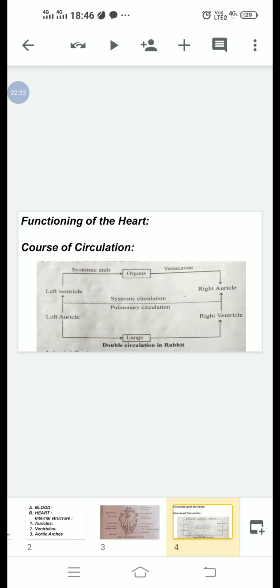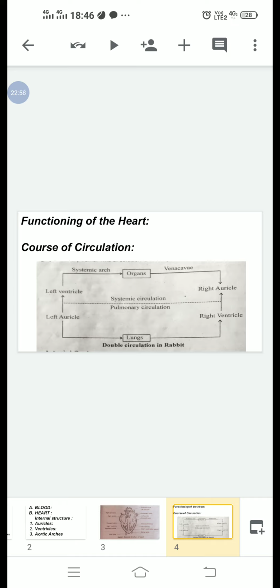First of all, the right auricle receives impure blood from the different parts of the body through the precaval and postcaval veins. The left auricle receives pure blood from the lungs through the pulmonary veins. When the auricles contract, the blood enters the ventricles of the respective sides.